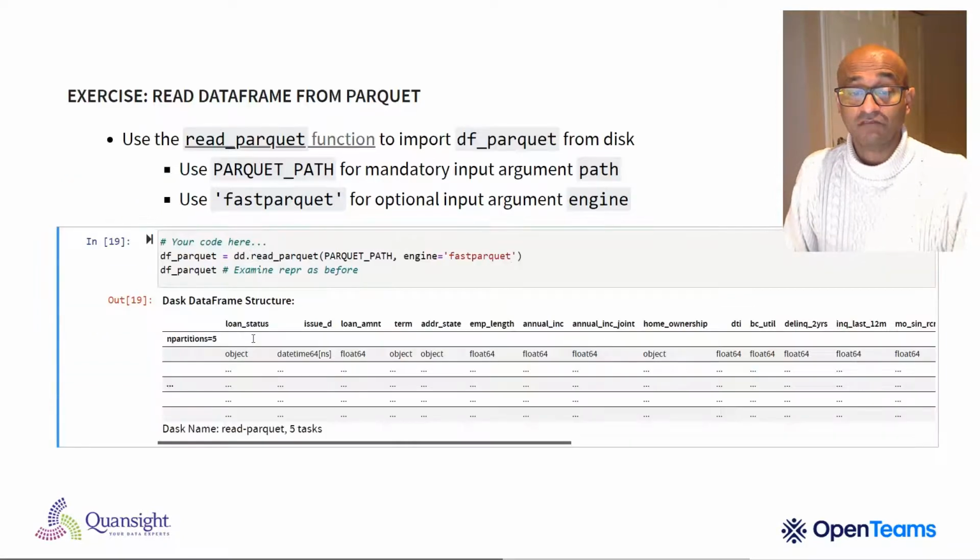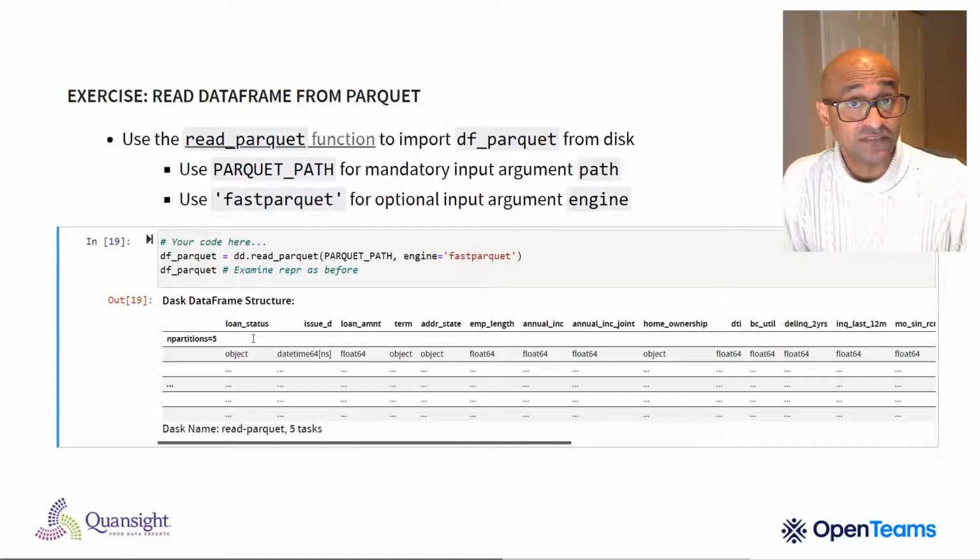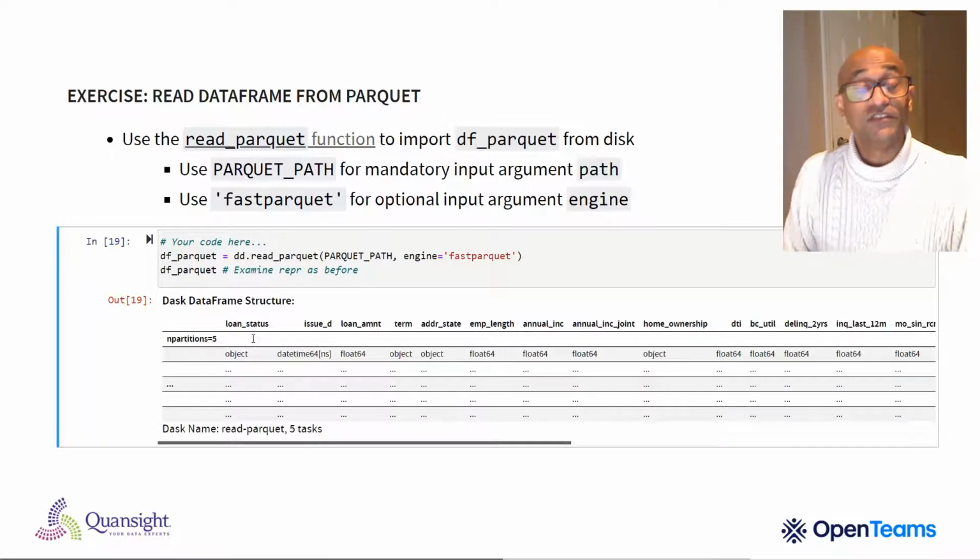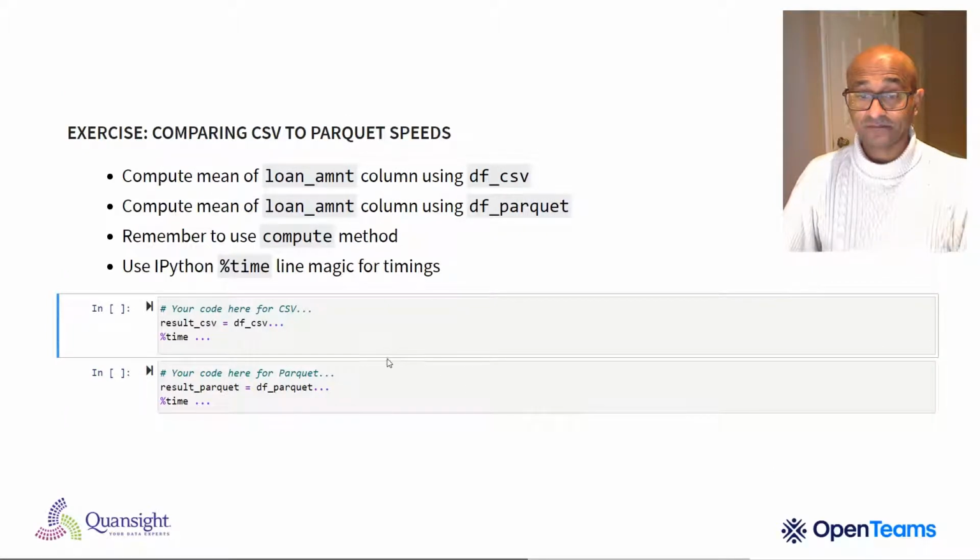And when we look at the wrapper, we see this is very similar to the wrapper we had for df_CSV, the Dask CSV data frame that we loaded. But this is now associated with a Parquet store instead of the CSV file.